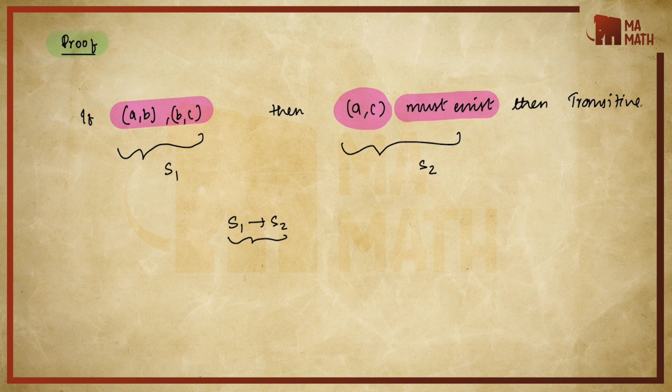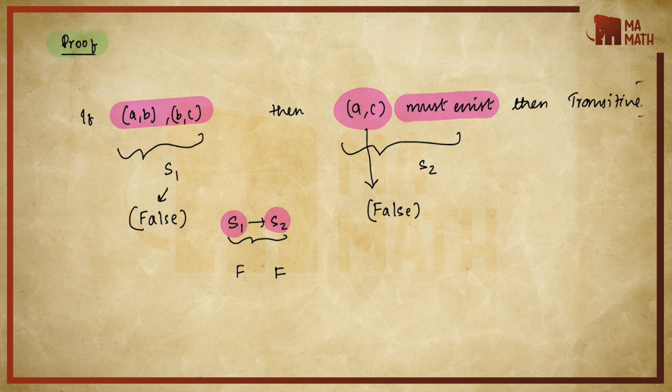So we know (A, B), (B, C). Statement 1 is definitely false because a null relation does not have any elements. And (A, C) must exist is also false because a null relation does not have any elements. So clearly statement 1 is false and statement 2 is also false. So when both are false, what happens to the resultant statement?